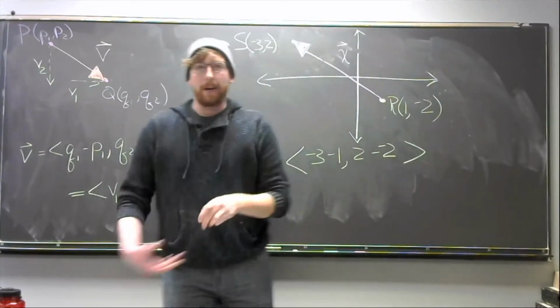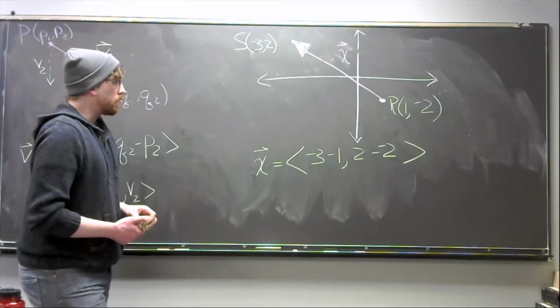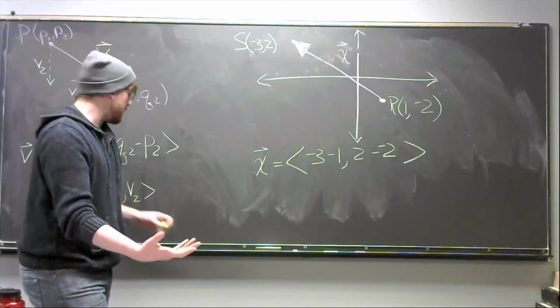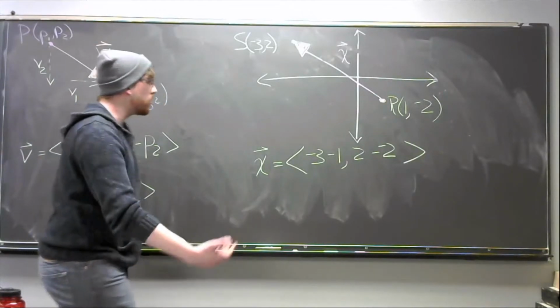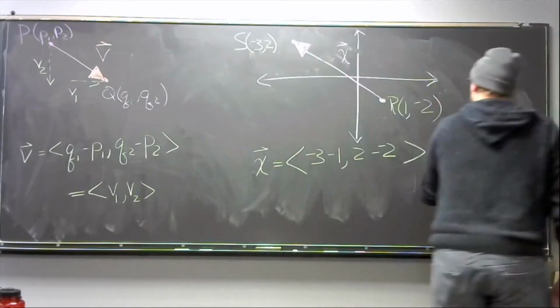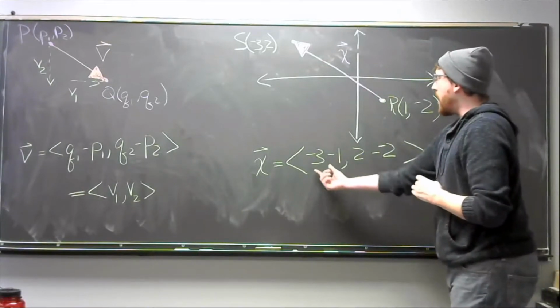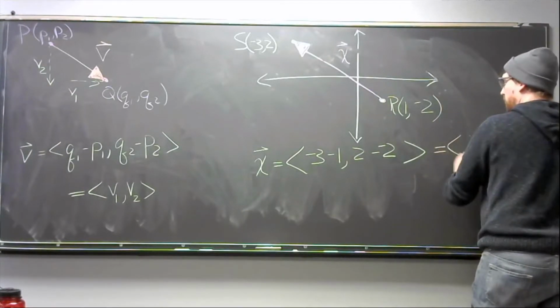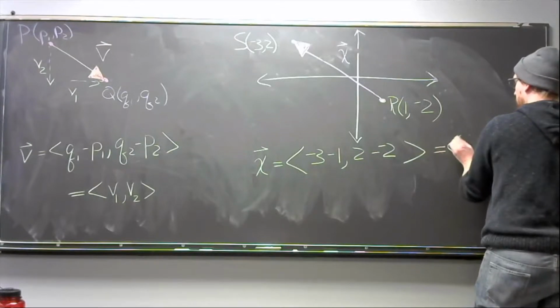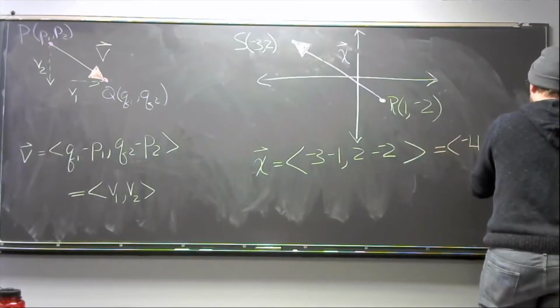Close your angle bracket. So what this means, after we do the algebra, is that the vector x is going to be equal to negative 4, 4.